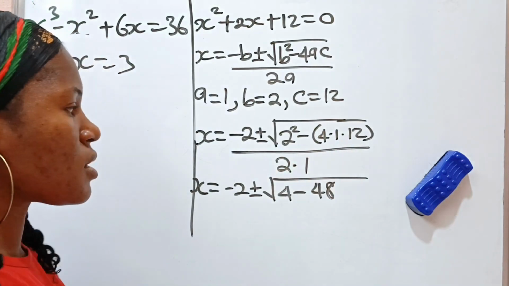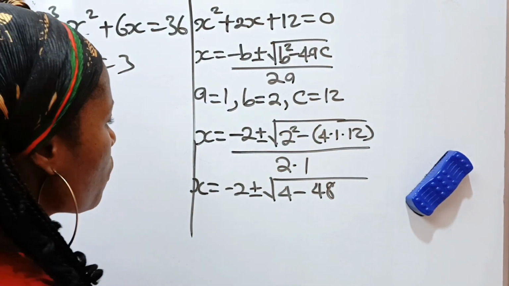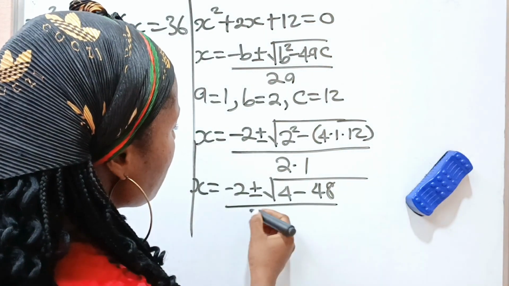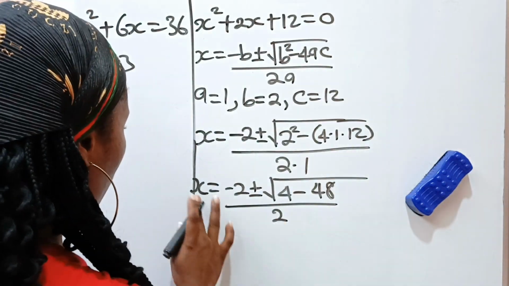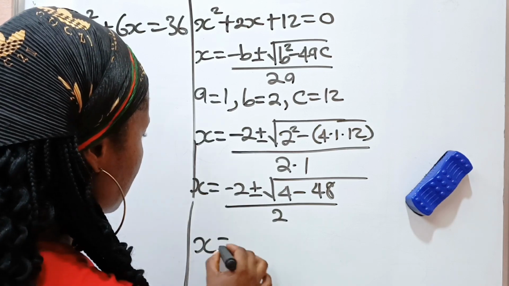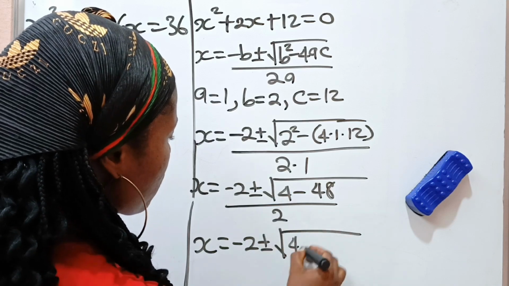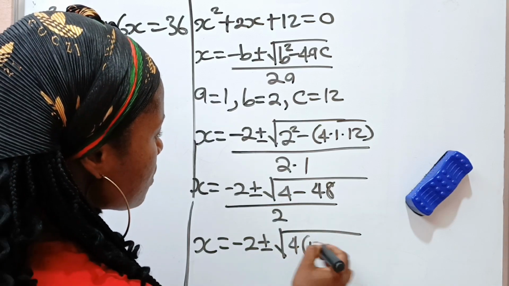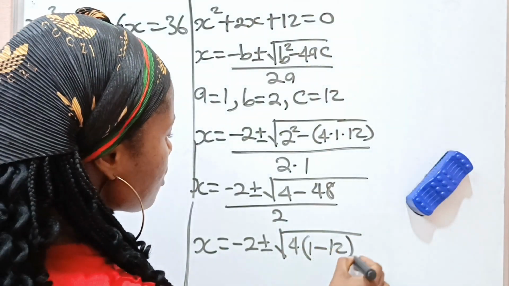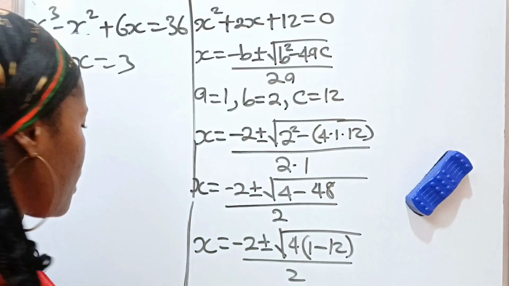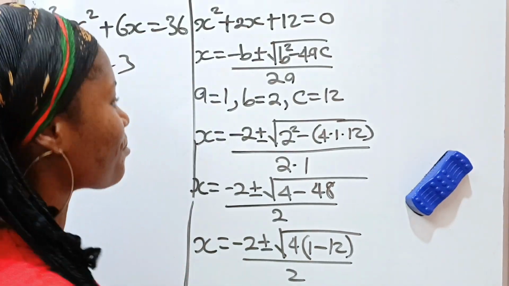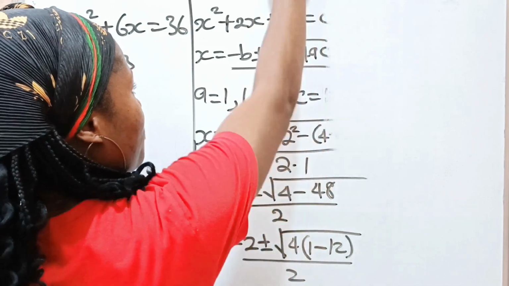Because this is 4 times 12, which is 48. Everything divided by 2. So we can write that x is equal to minus 2 plus or minus square root of, let's factorize this 4 out. 4 divided by this is 1. 48 divided by this is 12. Everything divided by 2. We are almost through.